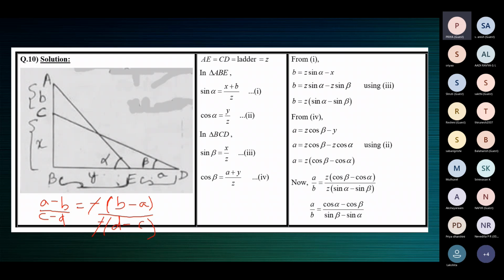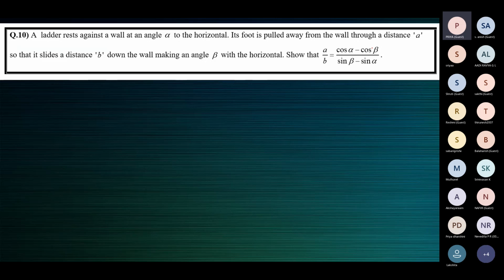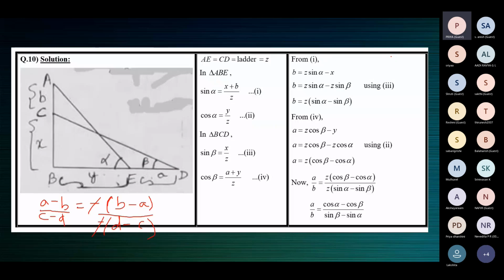I'll include that and by the next class I'll make that change. Yeah, we take a minus common, the two minus signs get cancelled, and we take a minus out common because you'll have to get the result like that, cos alpha minus cos beta. So we make that change.